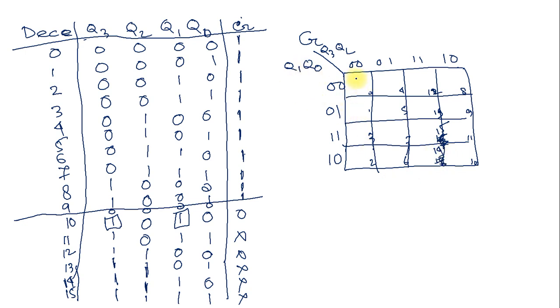So you can place this as 1, 1, 1, 1, 1, 1, 1, 1, 1, 1, then don't care, then 0, all are don't care.